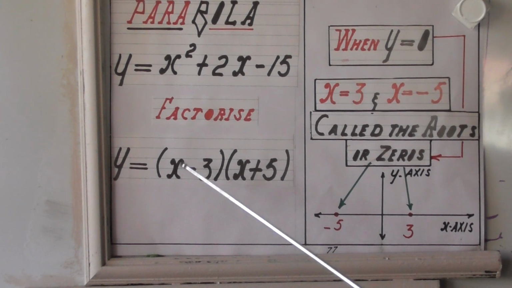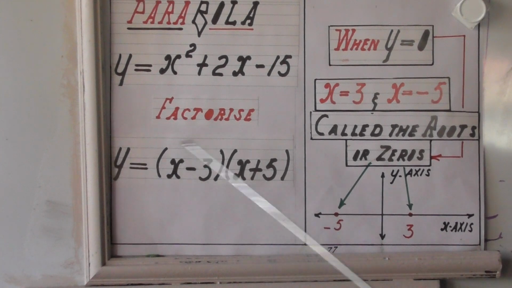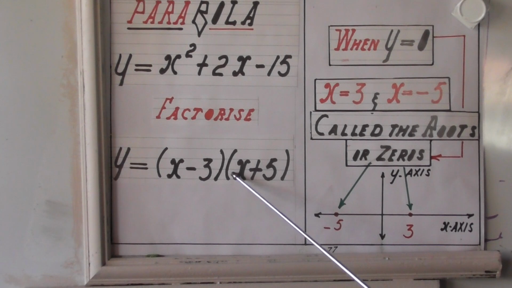Here we have to turn this around. So the zeros are 3 and negative 5. The zero is 3 because 3 minus 3 is naught and the y is naught. And when x is negative 5, we have to turn that around, because negative 5 means naught.